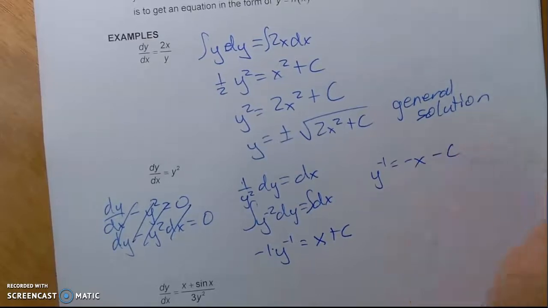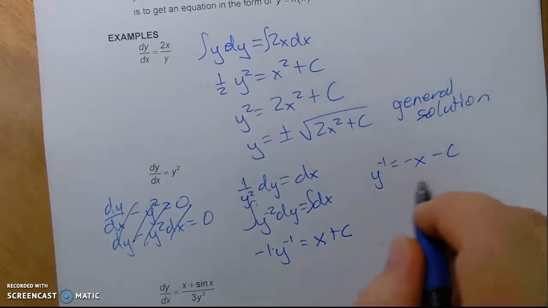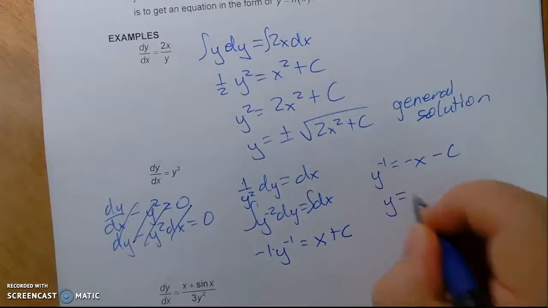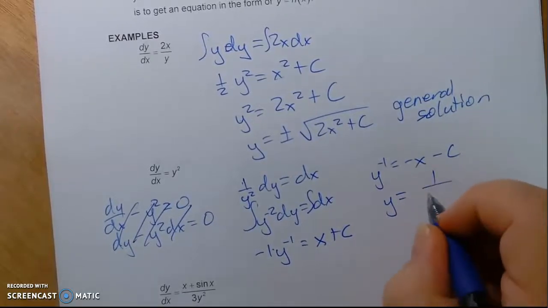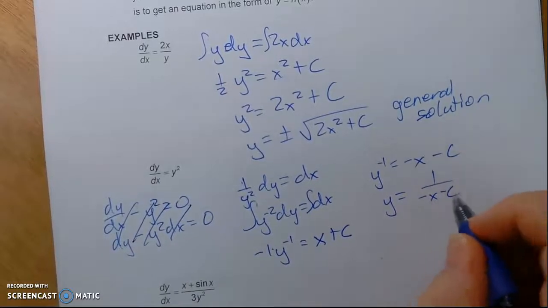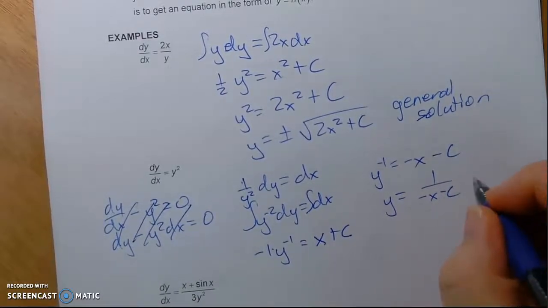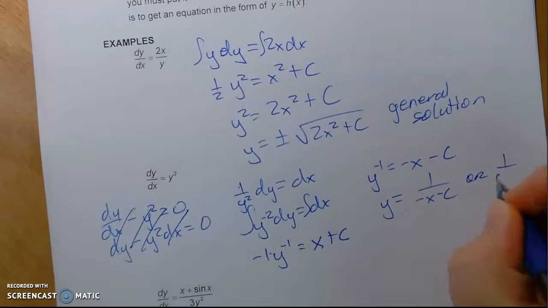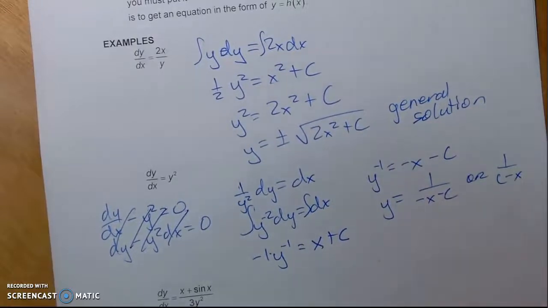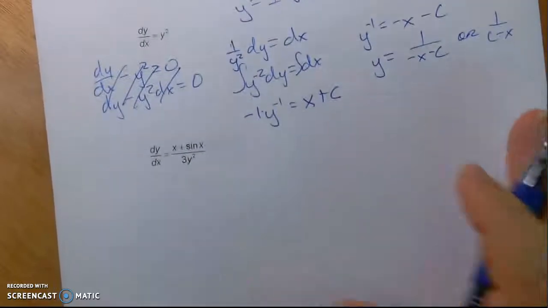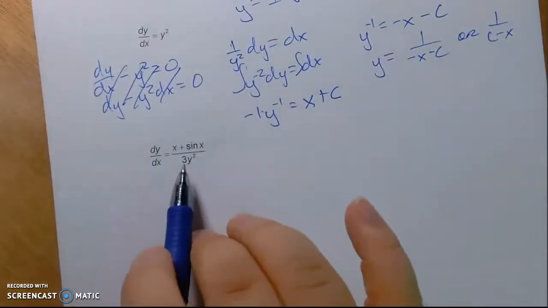You can put a minus c or plus c here. Again, that c can absorb that. And then the reciprocal, so y equals 1 over negative x minus c. Or if your c was positive, you could have done c minus x if you wanted it to be pretty and have one less sign. Either way is fine.